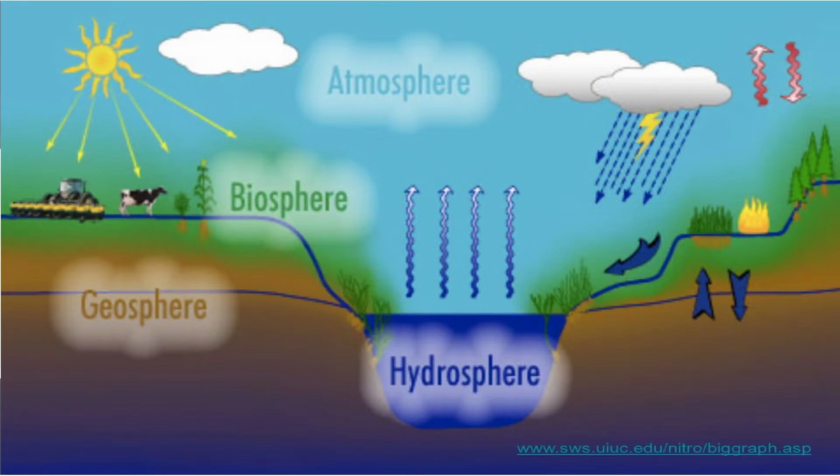The atmosphere is composed of, number one, gases, number two, water vapor, and third, particulates. The gases are nitrogen, which is present in the atmosphere at about 78%, and oxygen, which is 21%. These are the major gases which constitute 99% of the total gaseous composition of the atmosphere.